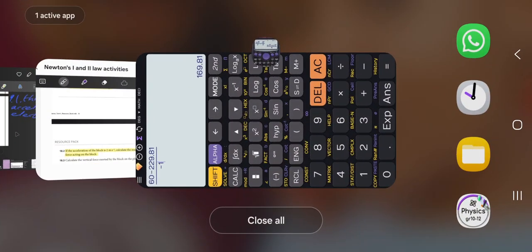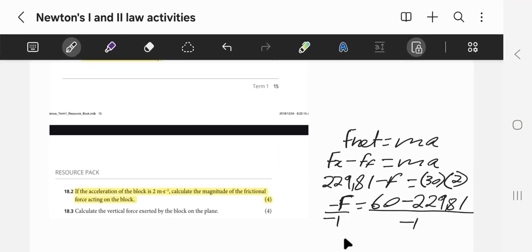So what we are going to have is 60 minus 229.81 divided by -1, and the value we are getting is 169.81. So that is our force of friction.